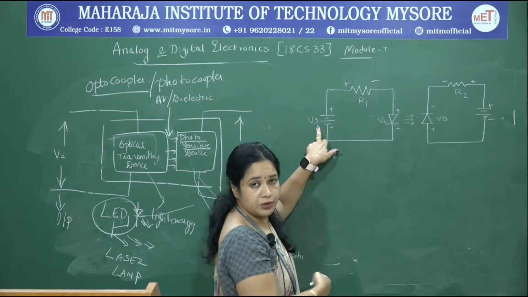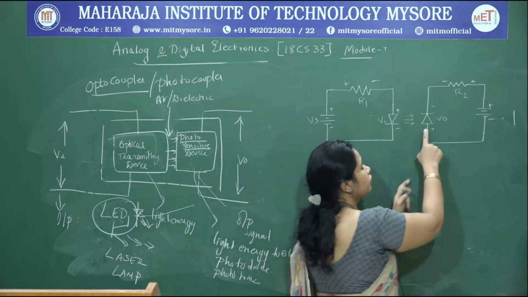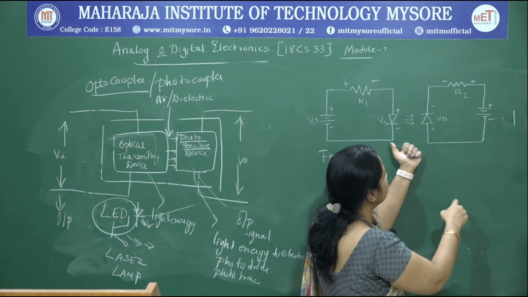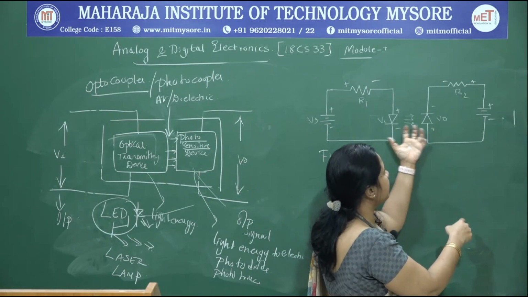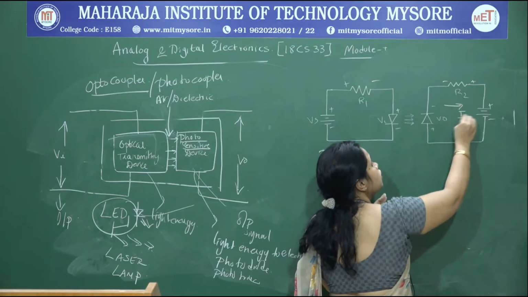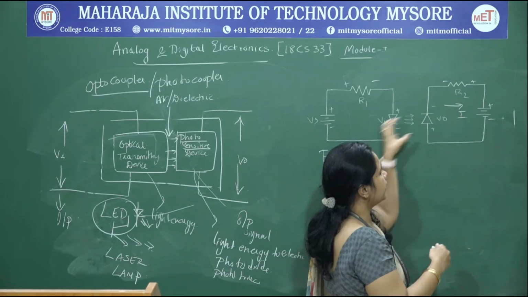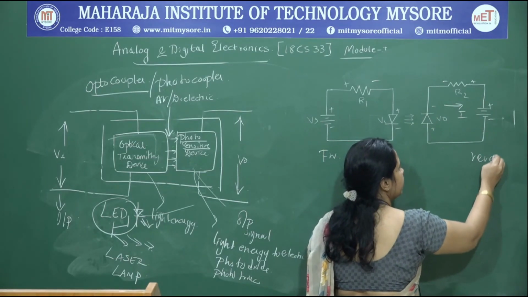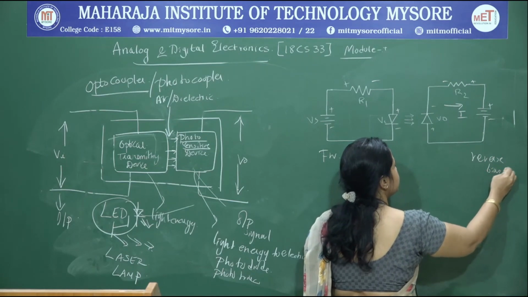This is your input electrical signal, and your photodiode picks up this light and produces an electrical signal current proportional to the light intensity falling on it. So this is essentially reverse biased, while this is forward biased.